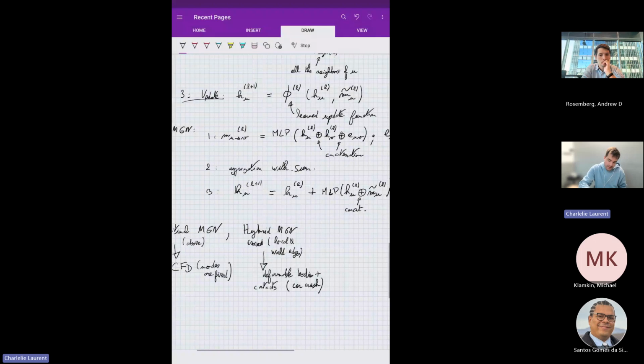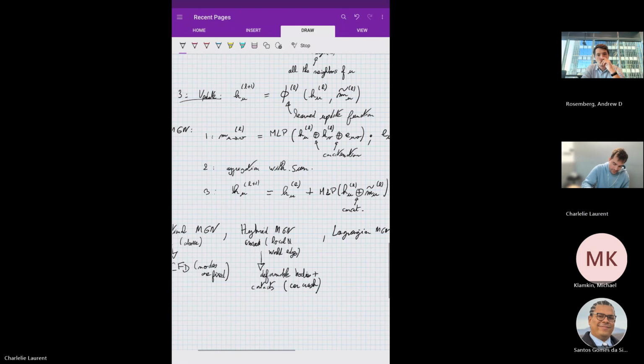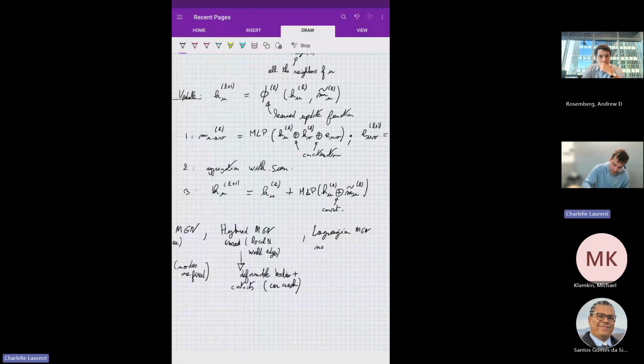Right. And then there is another version, the Lagrangian MGN. So Lagrangian MGN is the same as the traditional MGN, but the nodes are totally free to move anywhere.